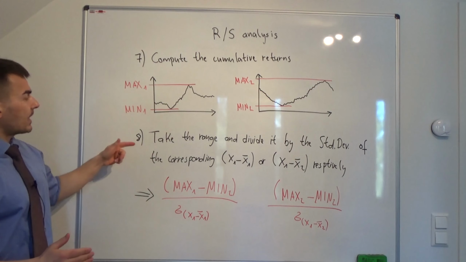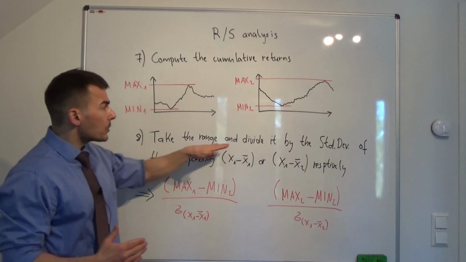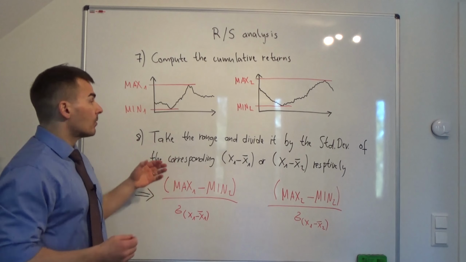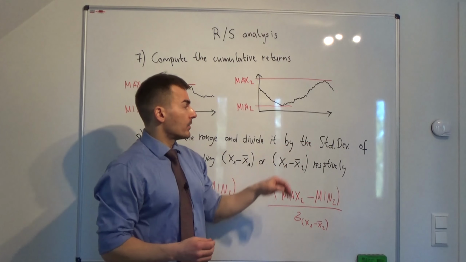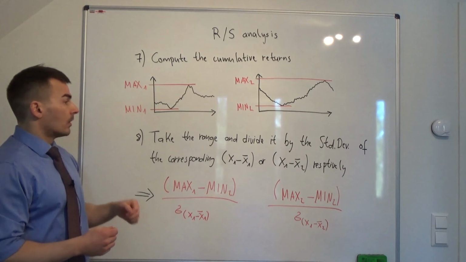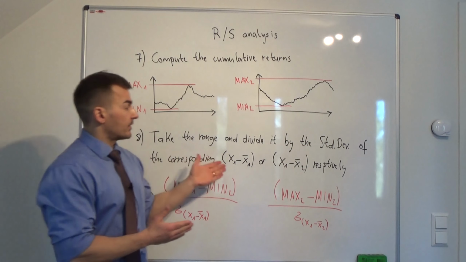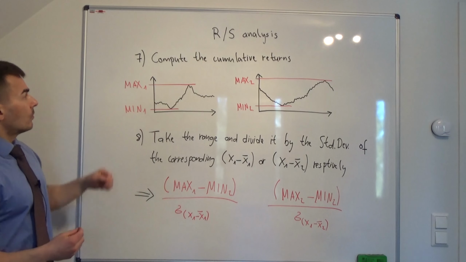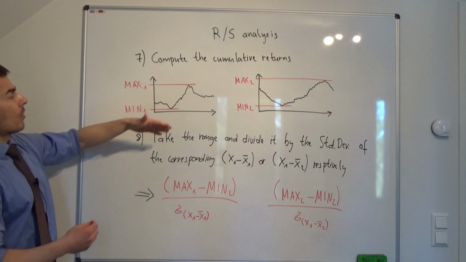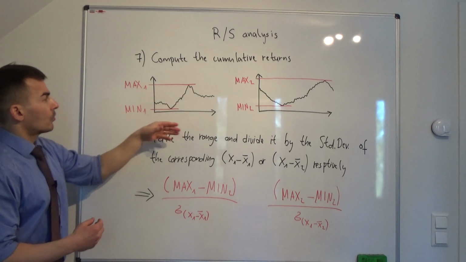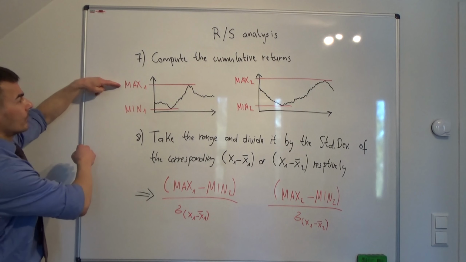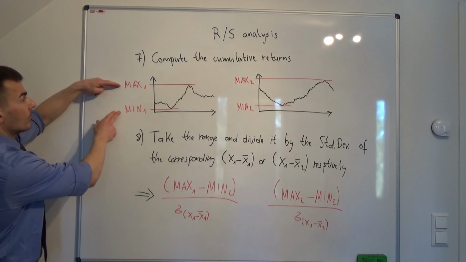The 8th step is then that we have to take the range between maximum and minimum, and we have to divide it by the corresponding standard deviation of the subsample data vector. So how do we proceed? Once we have computed the cumulative returns, we just determine the maximum and the minimum.